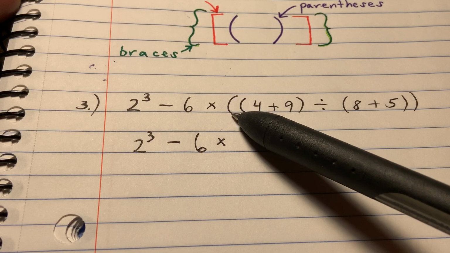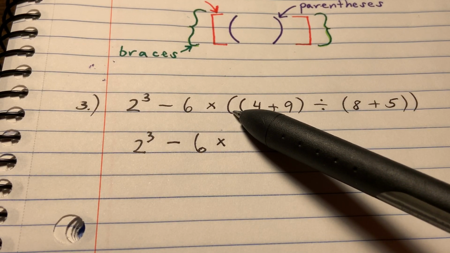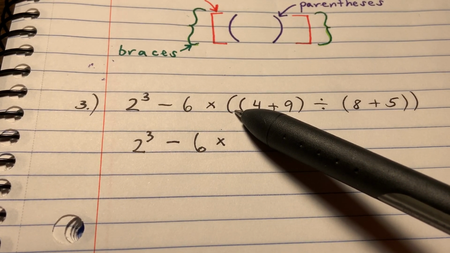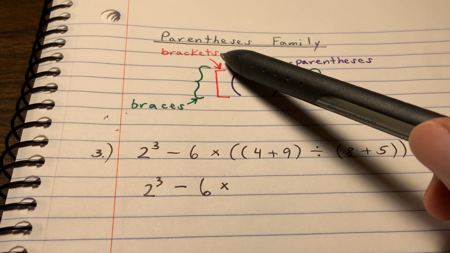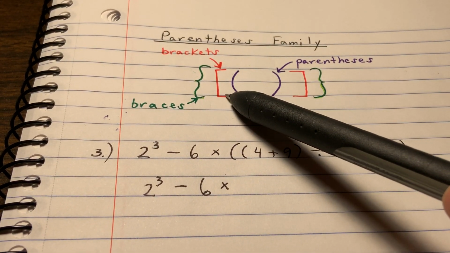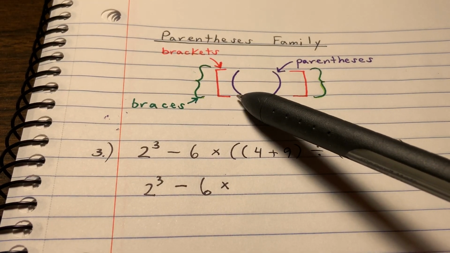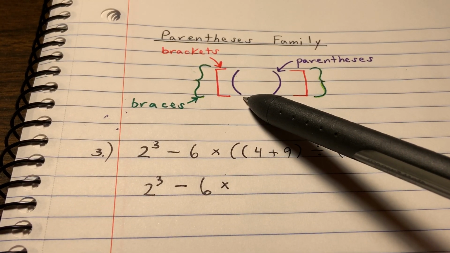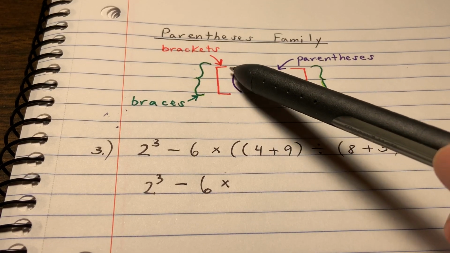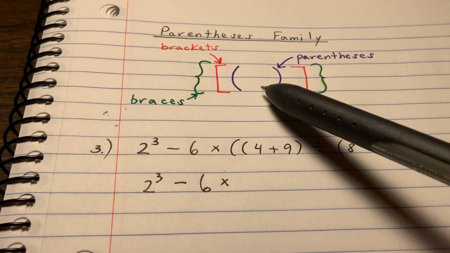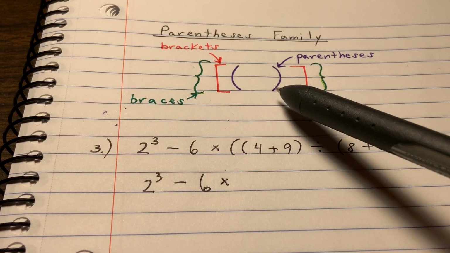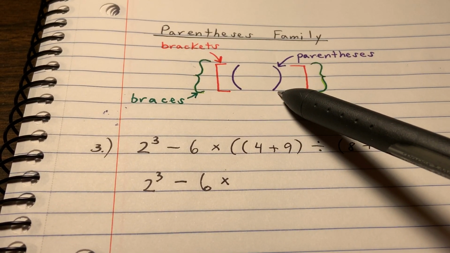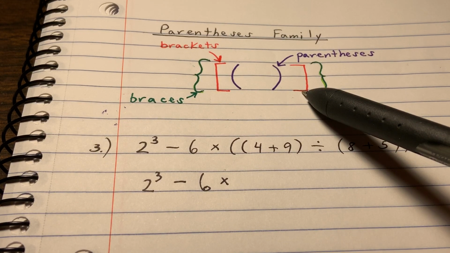But for the outside parentheses, let's use a member of the parentheses family called brackets, because brackets go outside of parentheses. In other words, brackets group parentheses inside of the brackets. Okay? Parentheses go inside, brackets go outside.